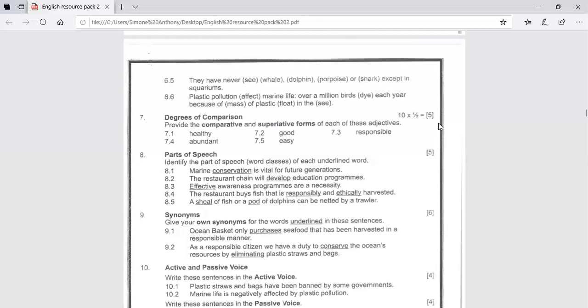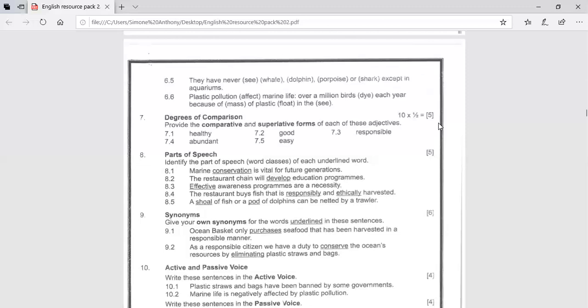If we look at the next section, it focuses on parts of speech. Identify the part of speech of each underlined word. So 8.1, marine conservation is vital for future generations. So conservation there is a noun. 8.2, the restaurant chain will develop education programs.